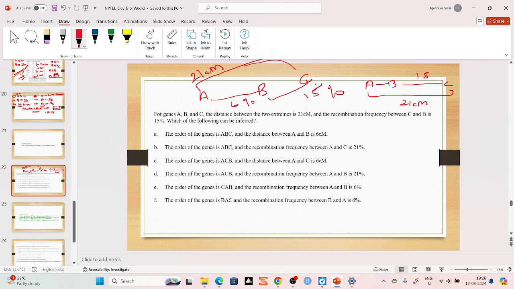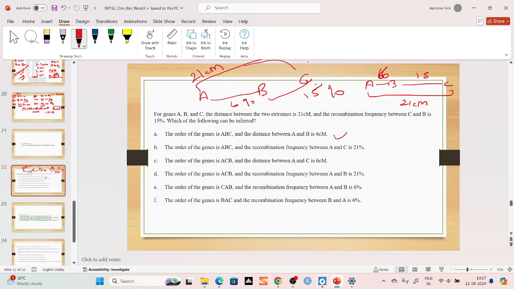This is 15%. It is given in percent, so you can calculate it in centimorgan. And this is 6. Now, from this, what can be inferred? The gene order is A, B, and C. And the distance between A and B is 6 centimorgan. Okay, this looks fine to me.